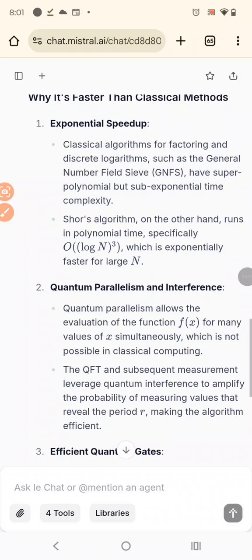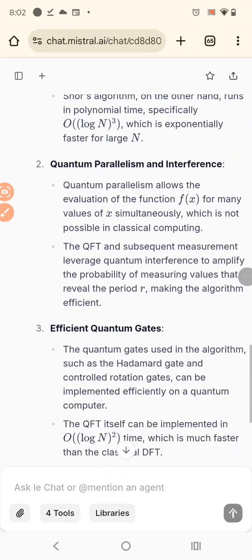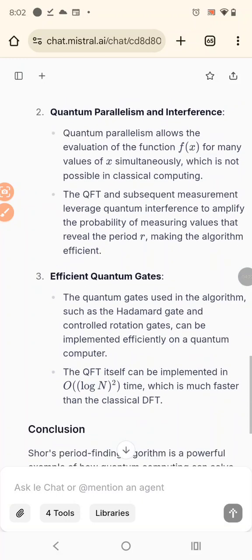Quantum parallelism allows the evaluation of the function f(x) for many values of x simultaneously, which is not possible in classical computing. And the QFT and subsequent measurement leverage quantum interference to amplify the probability of measuring values that reveal the period r, making the algorithm efficient.